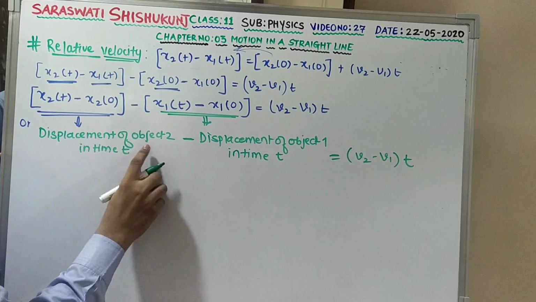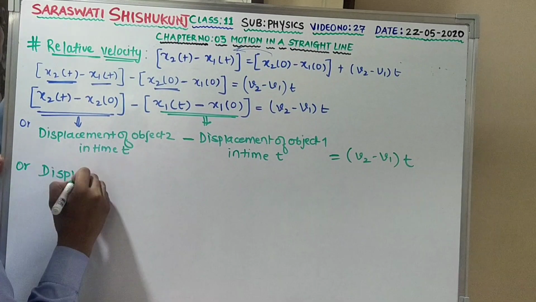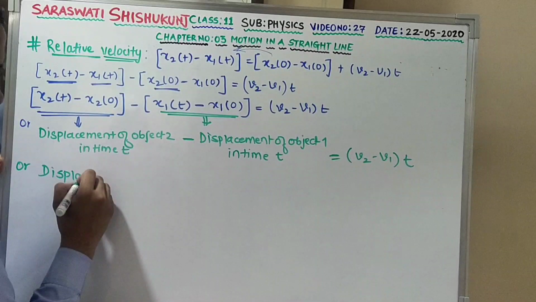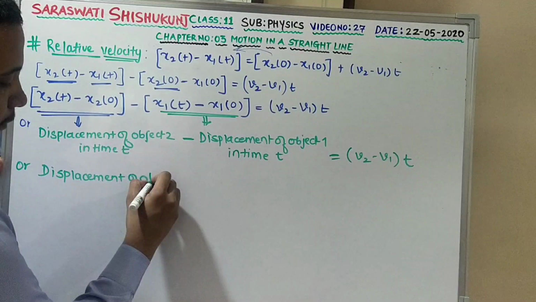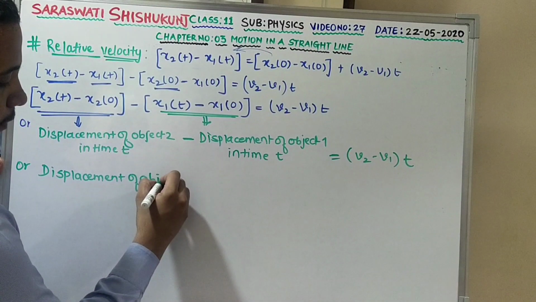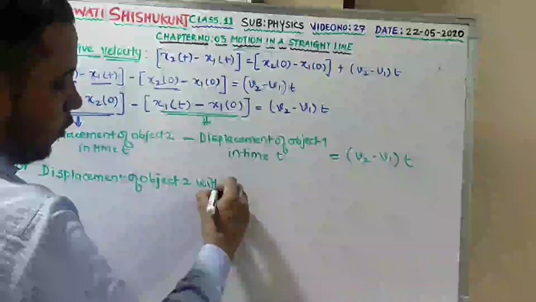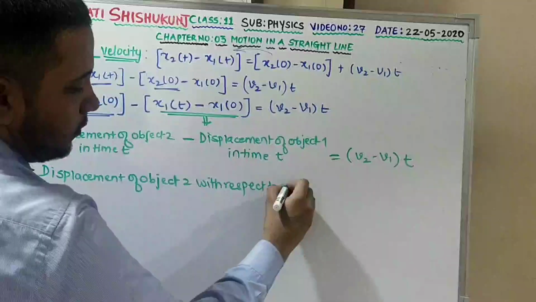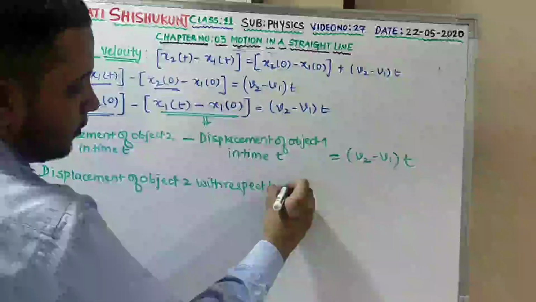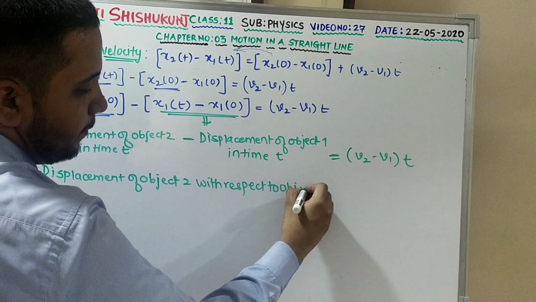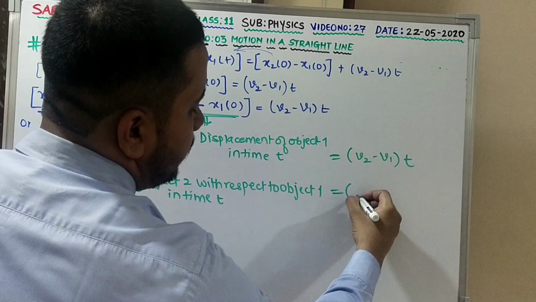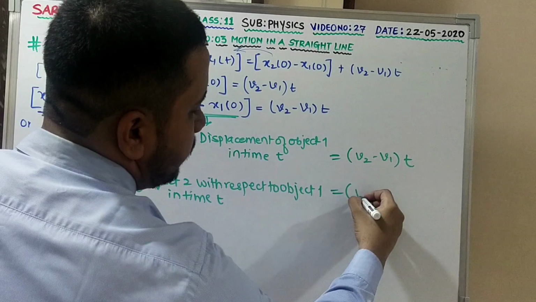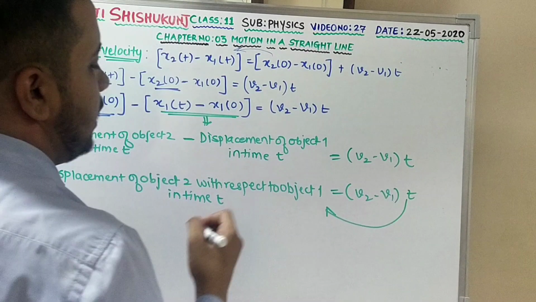Now the displacement of object 2 in time t minus the displacement of object 1 in time t, I can represent these two combined as the displacement of object 2 with respect to object 1 in time t, that is equal to (v2 minus v1) into t.